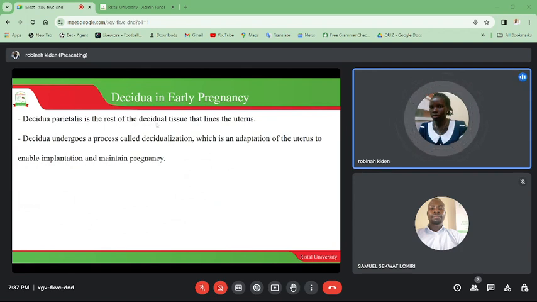This is the rest of the decidual tissue that lines the uterus. The endometrium undergoes a process called decidualization for it to become decidua. Remember, before I said that this is the part of the uterus that is known as the endometrium.